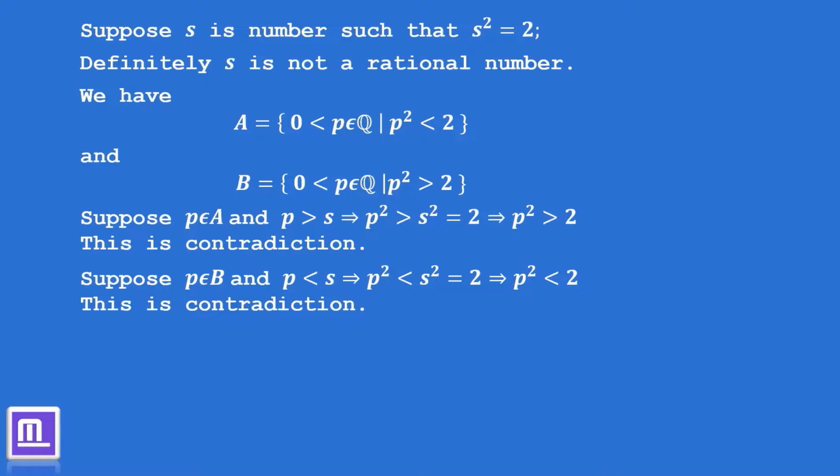I mean none of them are equal to s, because s is not a rational number, but none of them go beyond s. And the same thing happens in the set B also. None of them will lie in a position such that they are less than s. So set A and set B are very compactly packed.